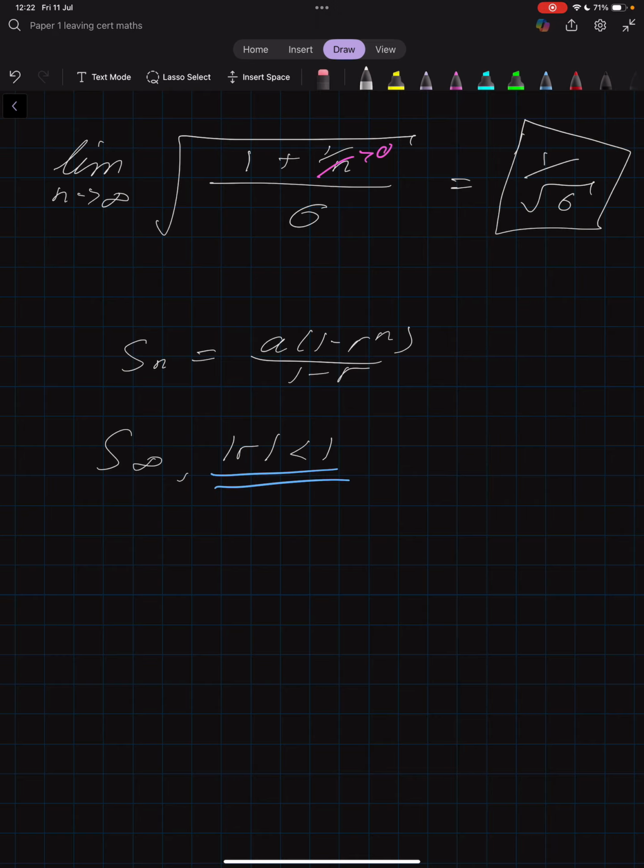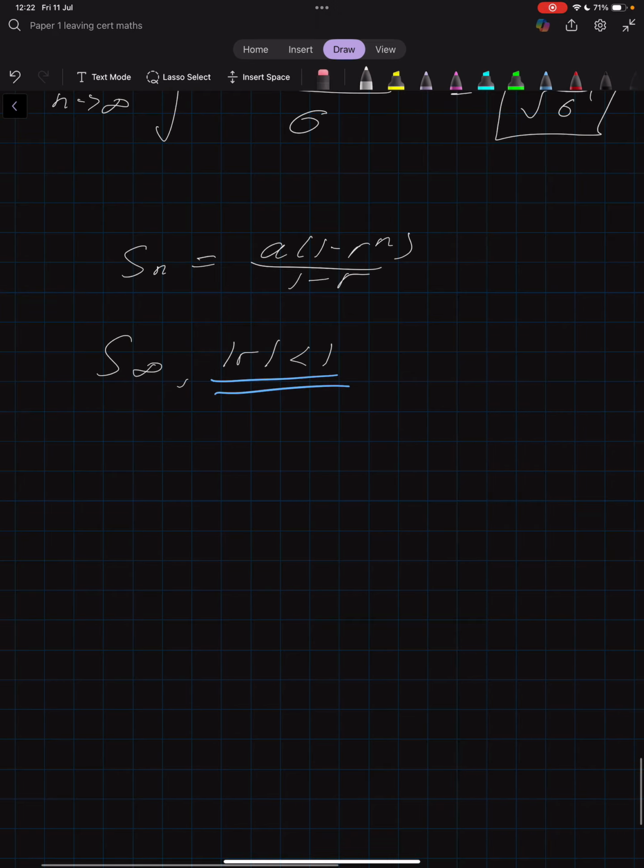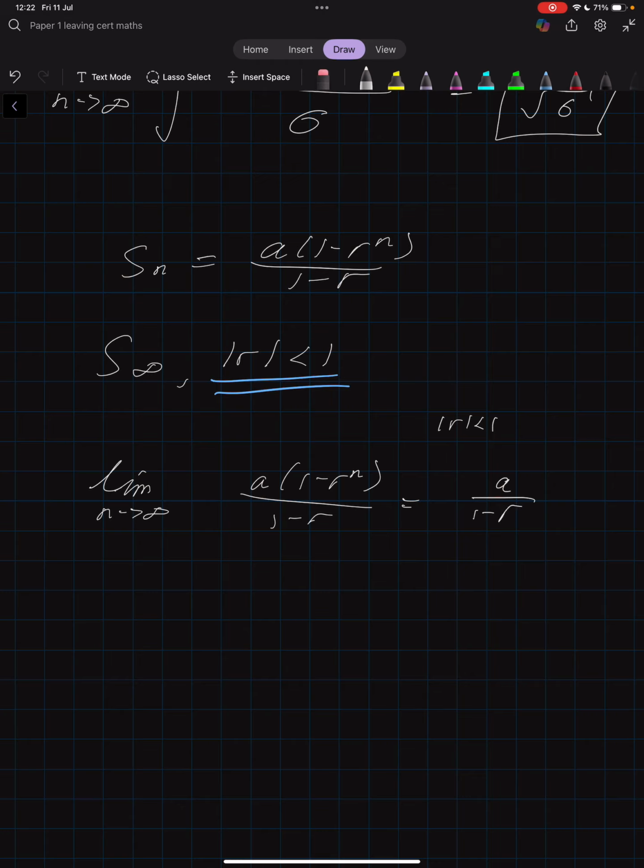Okay, but for now, if I take the limit, sorry, I don't know why I did an S. The limit as n goes to infinity of a into 1 minus r to the n all over 1 minus r. What do I get if the magnitude of r is less than 1? I'm just left with a over 1 minus r. Why? Because this will go to 0.